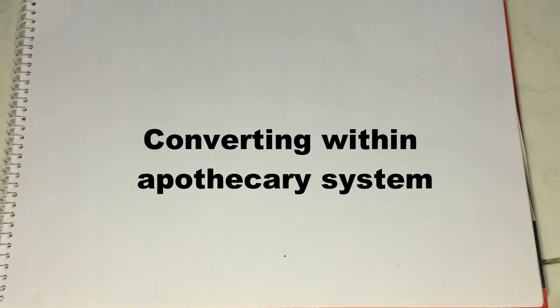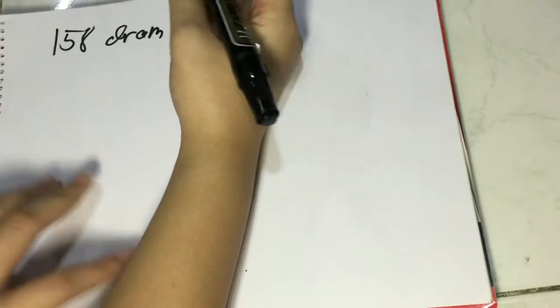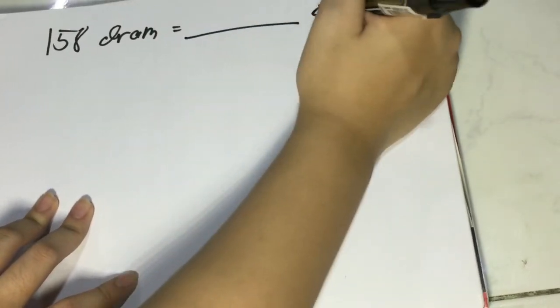Now, let's proceed to converting within the apothecary system. The procedure is also the same. Just like what Ms. Rochelle said earlier, the apothecary system involves grams and ounces. We can take, for example, 158 grams is equal to how many ounces?